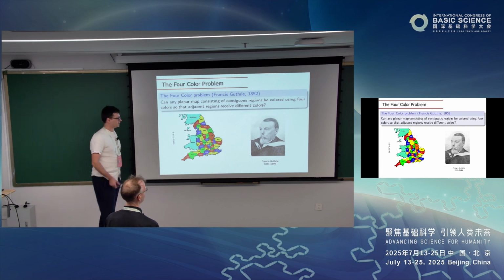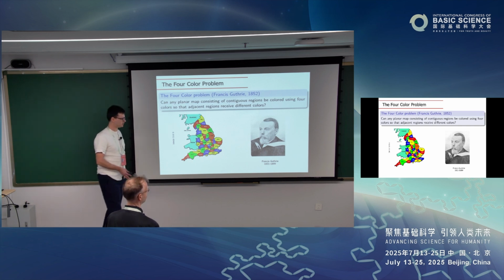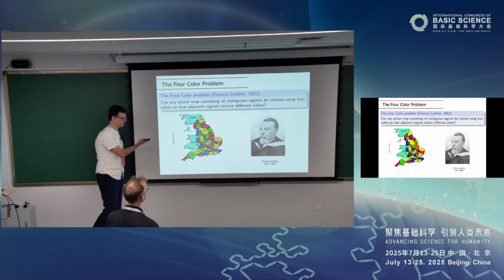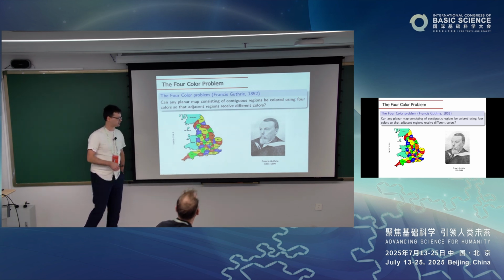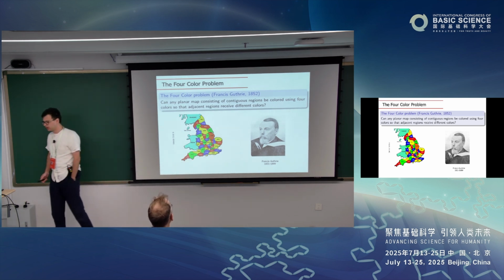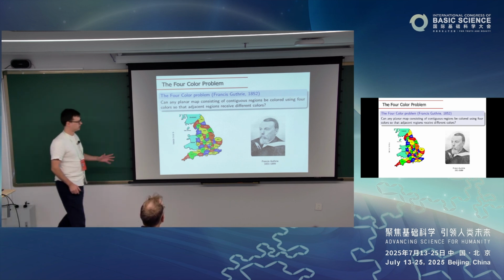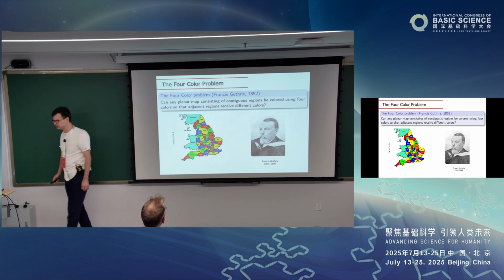So Francis Guthrie was an applied mathematician, actually a cartographer, and he was solving a problem. He was actually trying to create a map of counties in England, so assign colors to counties, so that the counties sharing a border receive different colors, distinguishing them.